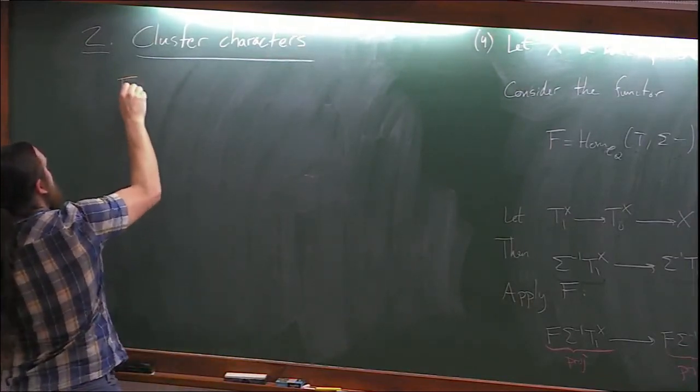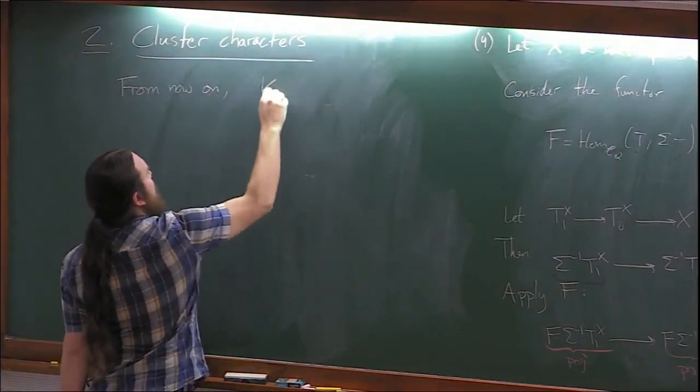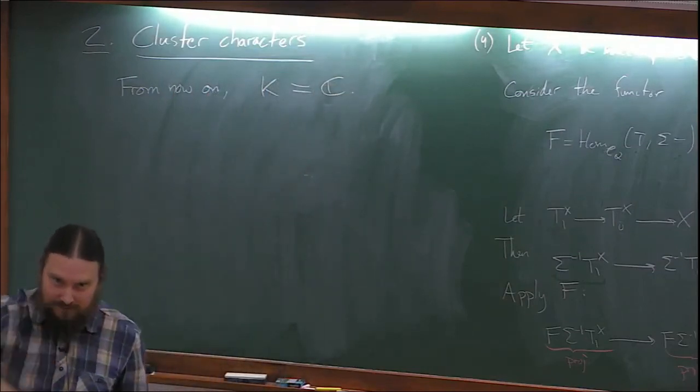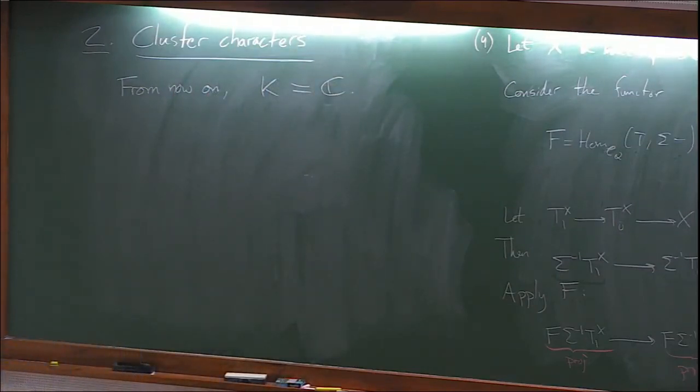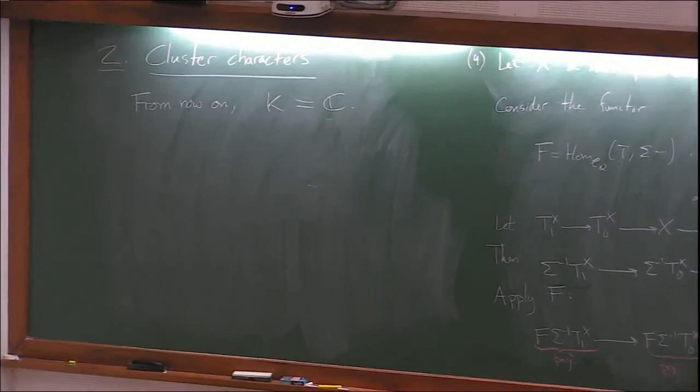From now on, I work over the complex numbers. And the reason for this is not because the algebra doesn't work, but it's because there will be Grassmannians involved. And I want these Grassmannians to be complex varieties so that I can compute their Euler characteristics.